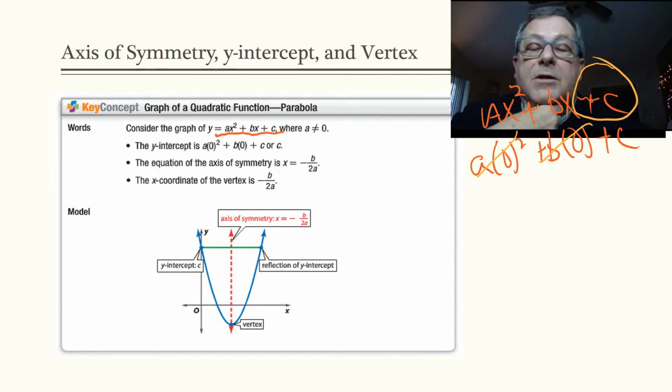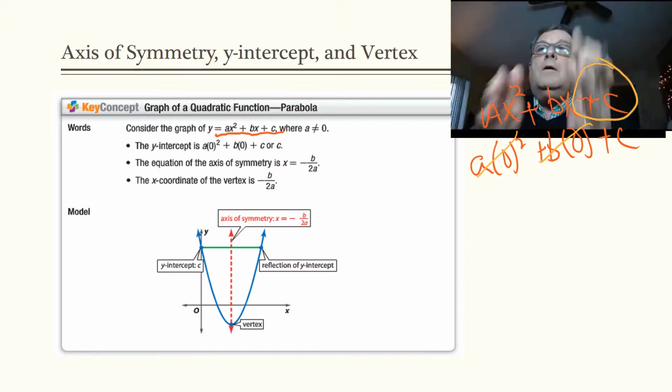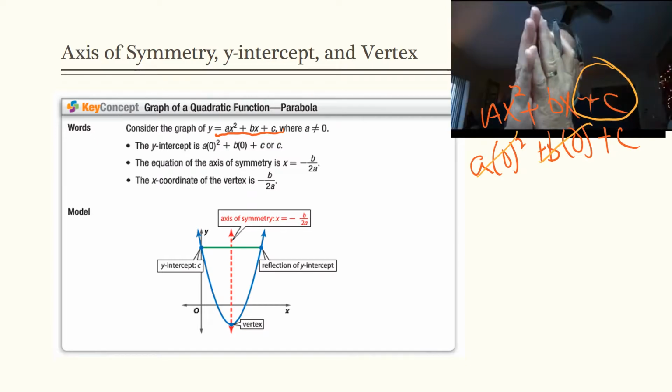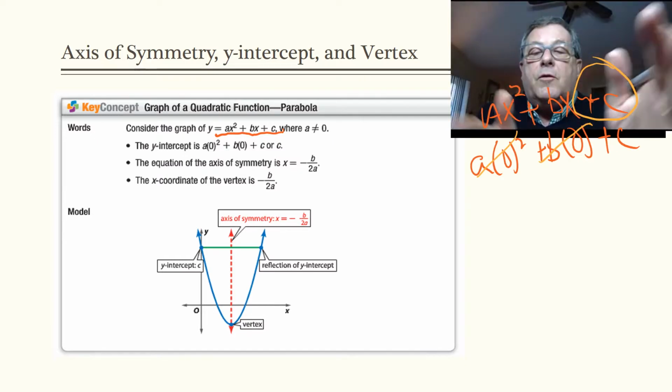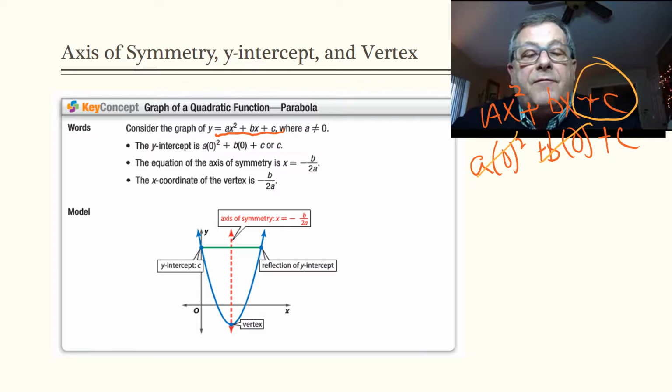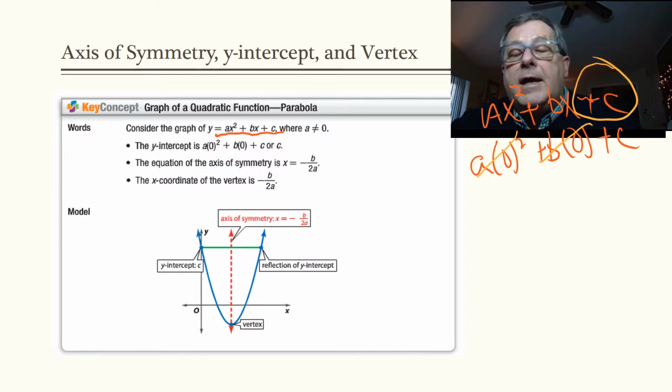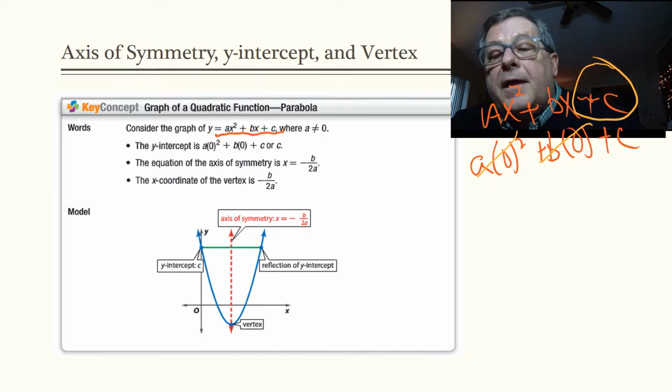Now, axis of symmetry. This is where if I were to fold the parabola in half at a certain point, both sides would equal each other. I can determine the axis of symmetry by this equation right here.